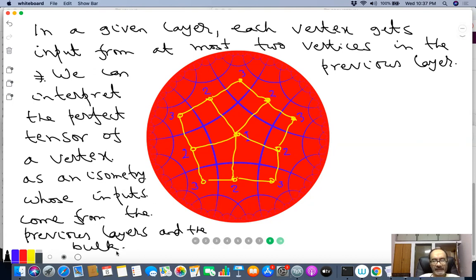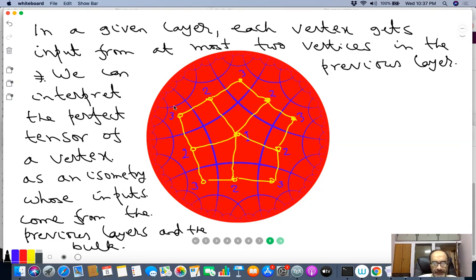Right? Because there are at most 2 inputs from previous layers, and of course there is always 1 input from the bulk, okay, because there is a bulk point, which is a free index, so that also you have to think of as an input. So this means that there is at most 3 inputs, okay? And as long as there are at most 3 inputs, it's an isometry, right? If there are exactly 3 inputs, then it's a unitary transformation. If it's less than 3, then it's isometry.